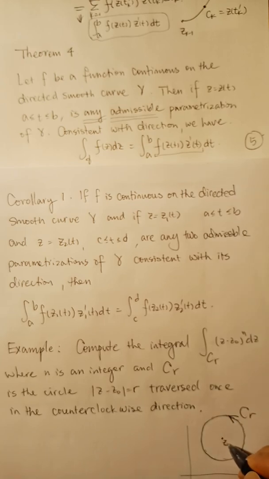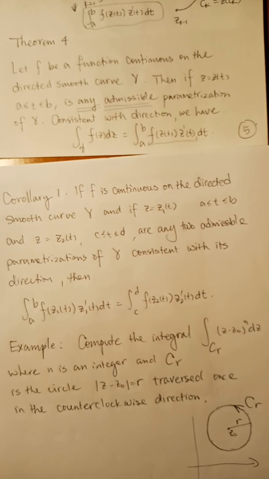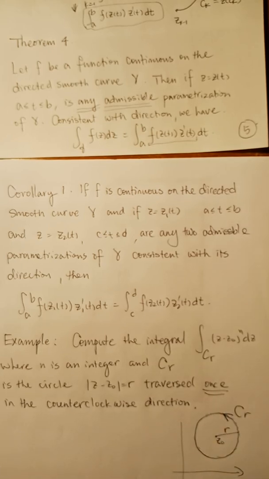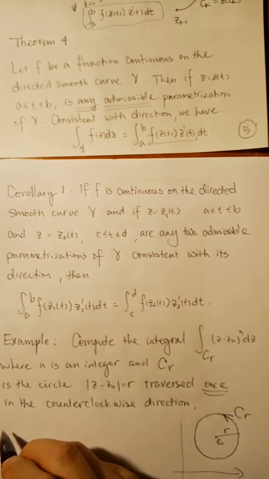This is z0, the center. The radius is R. Once means you just get a complete circle. That's enough.